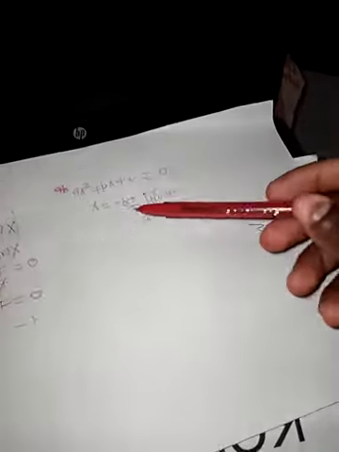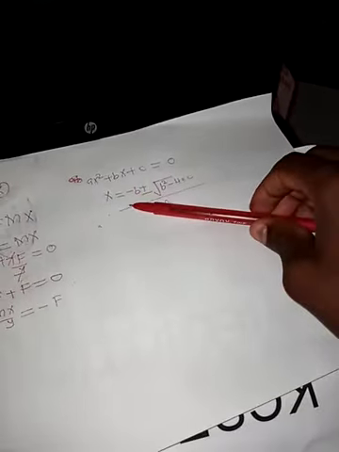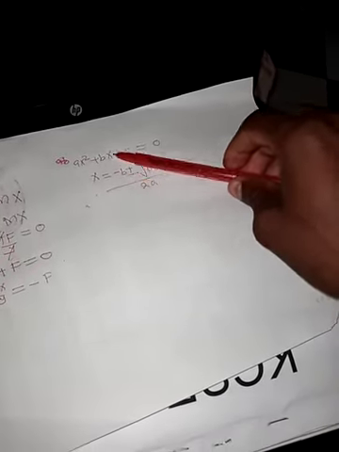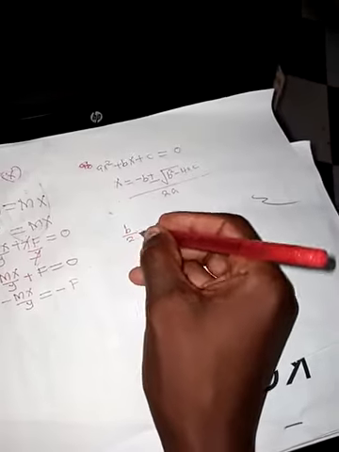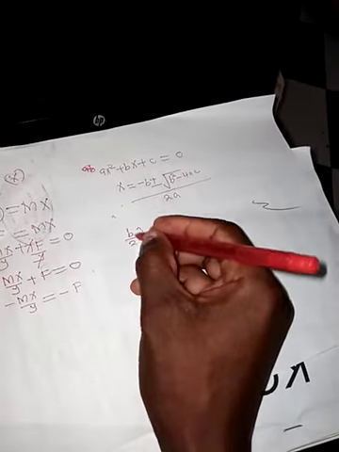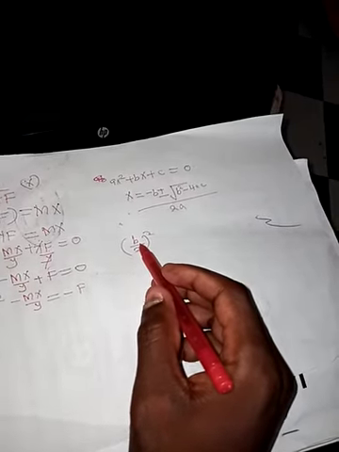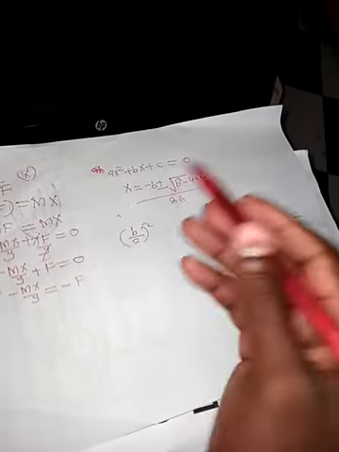From here now, from what we learned in the first topic in Form 3, that is quadratic expressions, we said that for us to complete the square, we will add a half of the coefficient of x, squared, to both sides.